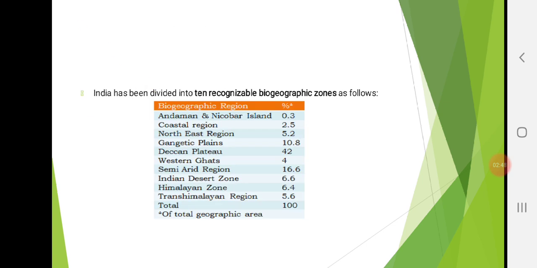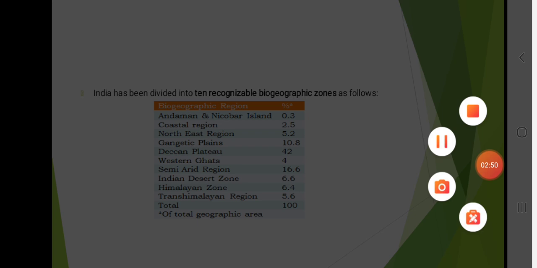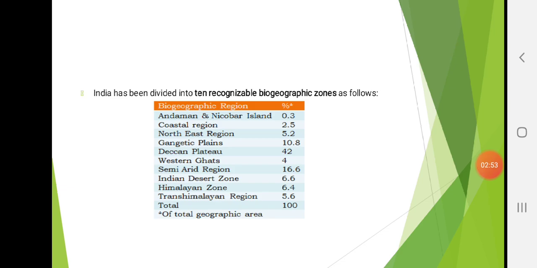Let's see. In this table it is shown that India has been divided into 10 recognizable biogeographic zones as follows. The first one is Andaman and Nicobar Islands, which contains 0.3%.